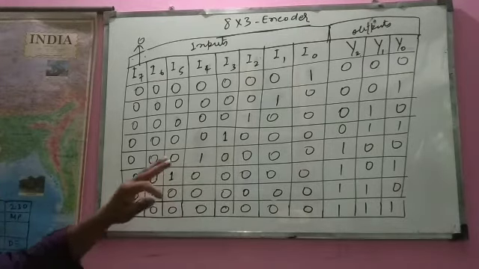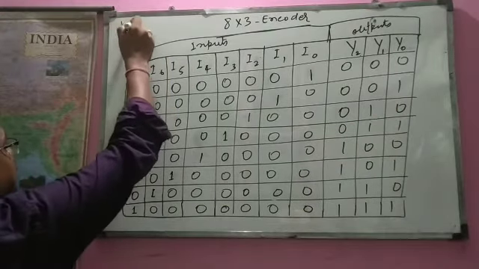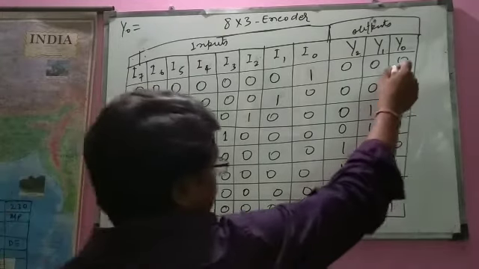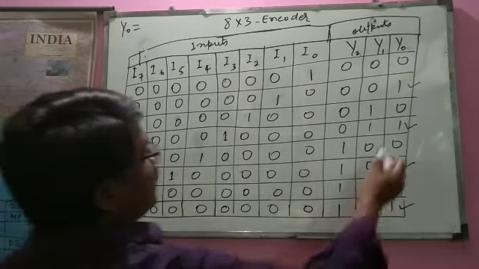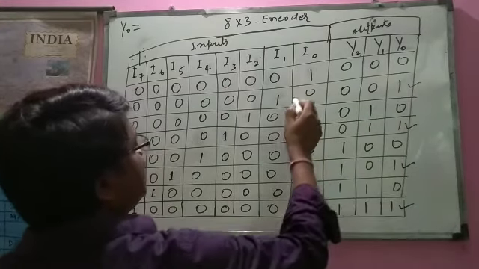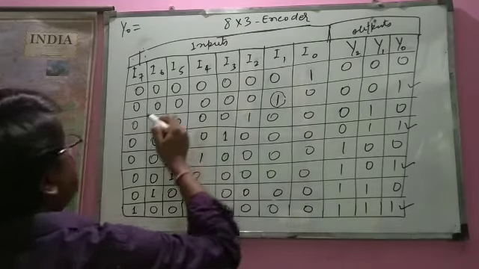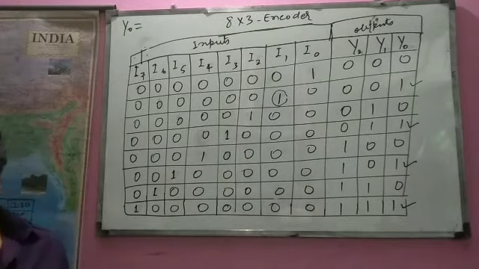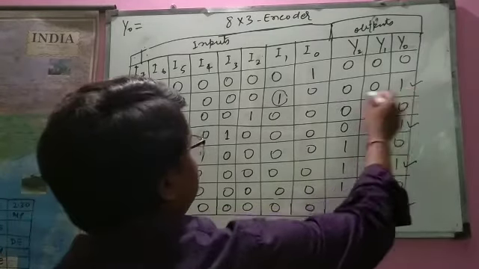So what will be the value of Y0? First, see, what will be the value of Y0? This is Y0. So here it is 1, here it is 1, here it is 1, here it is 1. So come from here to here, it is I1.